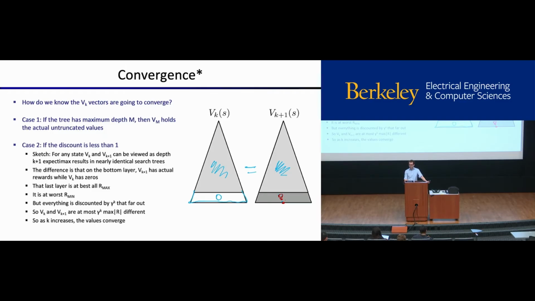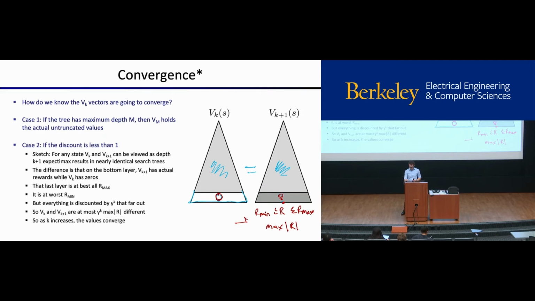Well, let's say that we can bound our rewards. Let's say that the r's are going to be somewhere between r min and r max. So there is some maximum r, some absolute value maximum of r. And this is the biggest possible difference we could see if we're comparing against the 0 that we had over here.